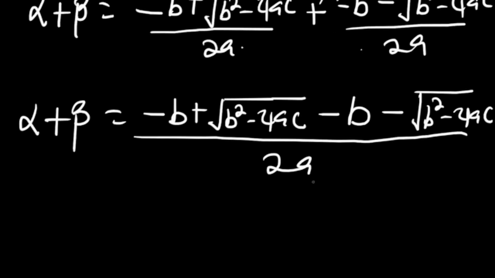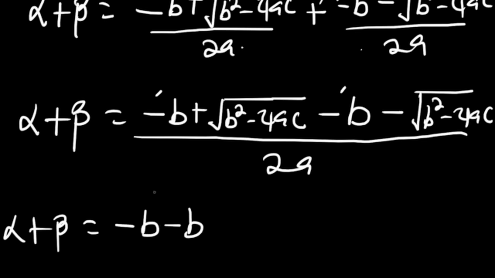Now let's proceed. We can go ahead and collect like terms. Right here we have negative b and we have negative b. Let me rearrange them for simplicity's sake. Alpha plus beta equals, I'm going to pick the negative b's first. So we have negative b, and what is remaining?